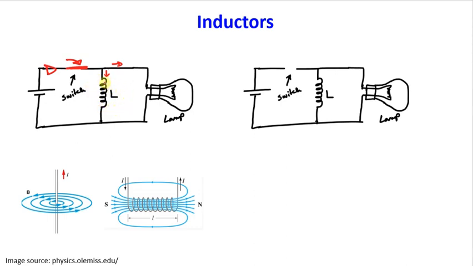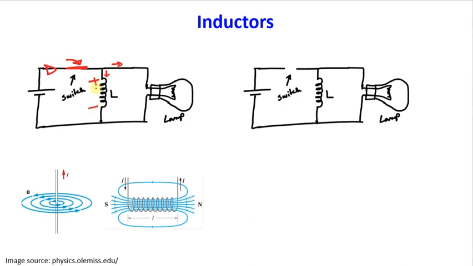Initially, before closing the switch, the current through this inductor was 0. Now some finite amount of current will try to flow through this inductor, and obviously that will try to change the magnetic field created by this inductor. You know, a change in magnetic field will also create an EMF, right?